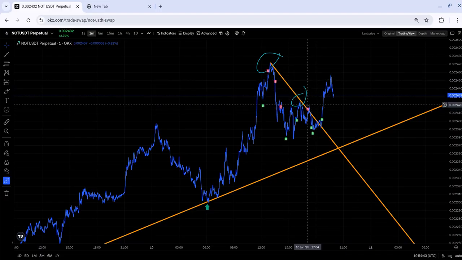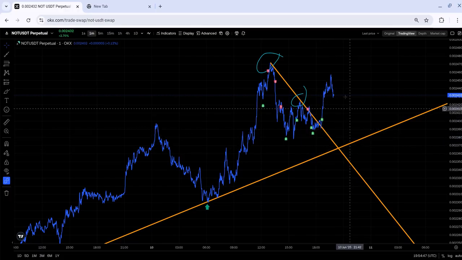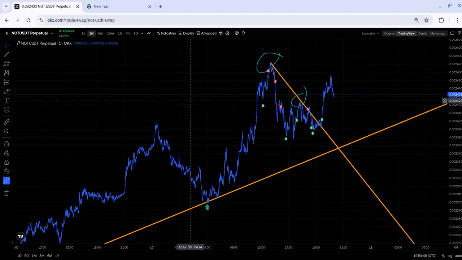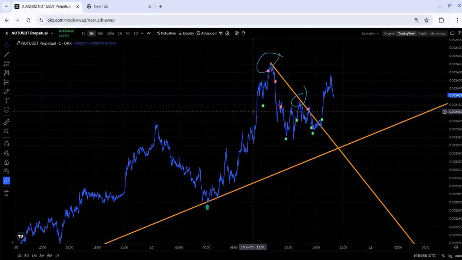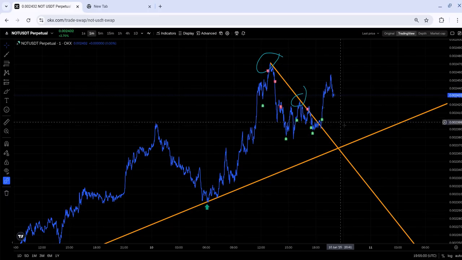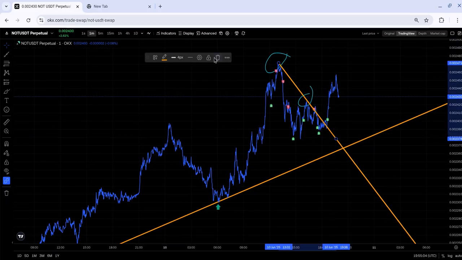Now after that, I placed the order, and then the first target was here, and I was then stopped out, but it was below my entry point. I didn't lose. I was in profit. And then you can see here, this is no longer valid according to my entry criteria.